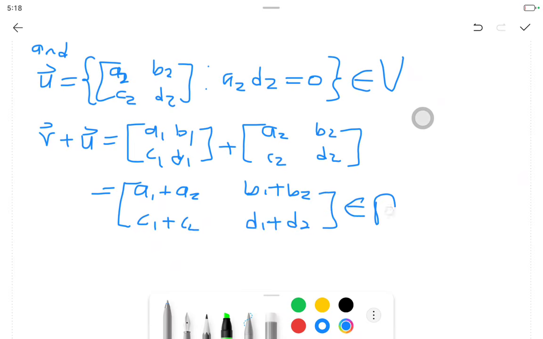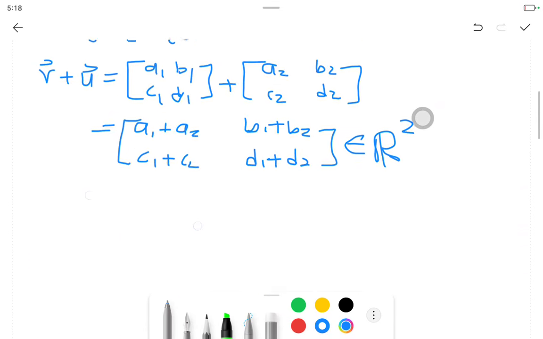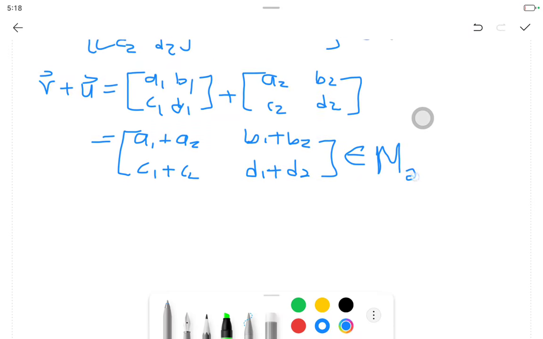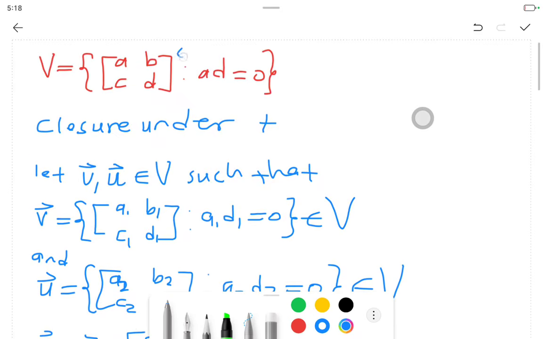And this is an element of M2R. Even though they didn't say that this is an element of M2 by 2 R, if they wanted, they would have said it, so there's no need for us to check that.